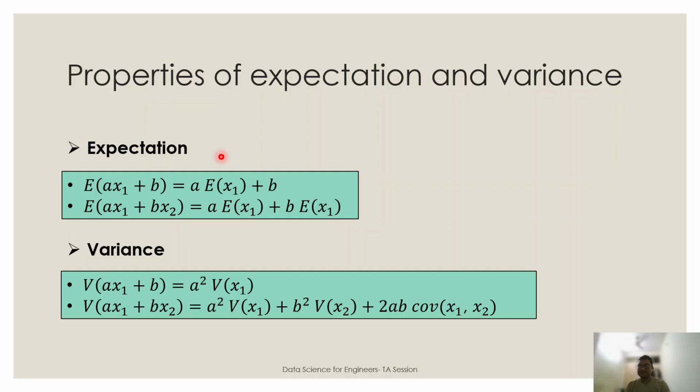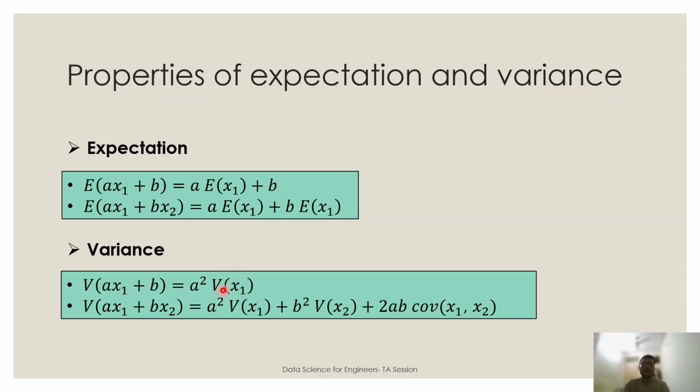What about variance? Someone asked me what the variance of this particular combination is. When they talk about variance, you should take the square of the constants where your variable is present.